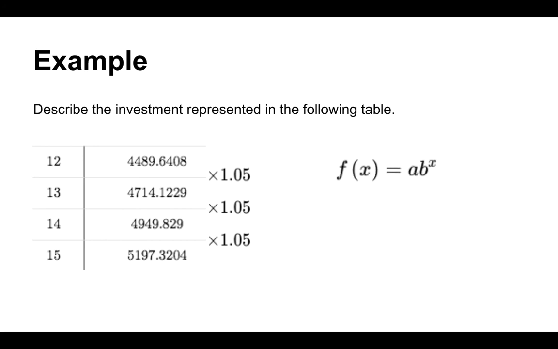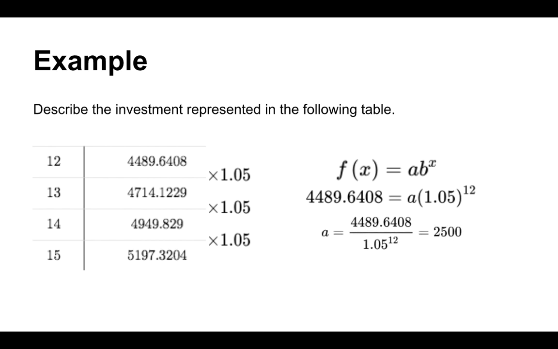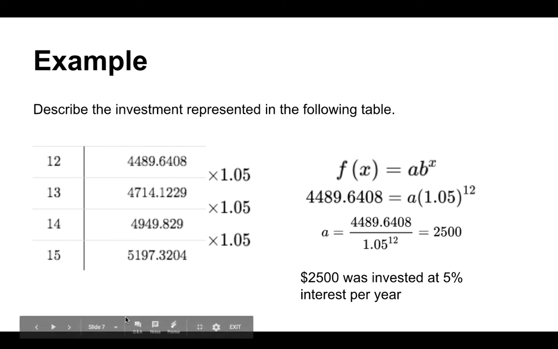Then if we use the exponential equation, and for one of these points, substitute 4489 and the number 12, so after 12 compounding periods, or 12 years, if we divide by 1.05 to the 12, we get $2,500. So describing the investment: $2,500 is invested at 5% interest per year, and this would be compound interest. I forgot to say that there, but it's 5% compound interest.